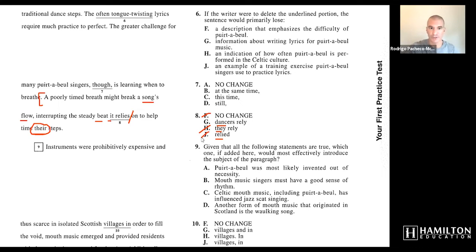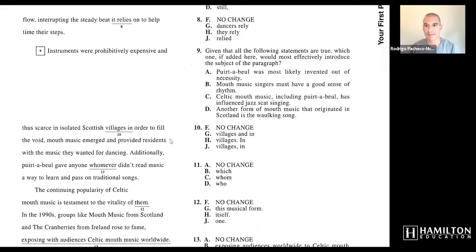We can eliminate J for that reason. And as we see here, G is our correct answer. We have a very specific answer that corresponds as well with the possessive pronoun that we see toward the end of the sentence.